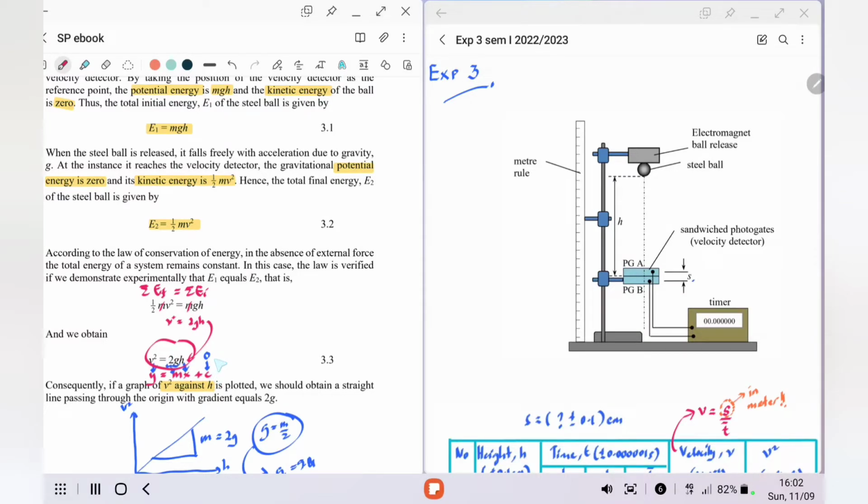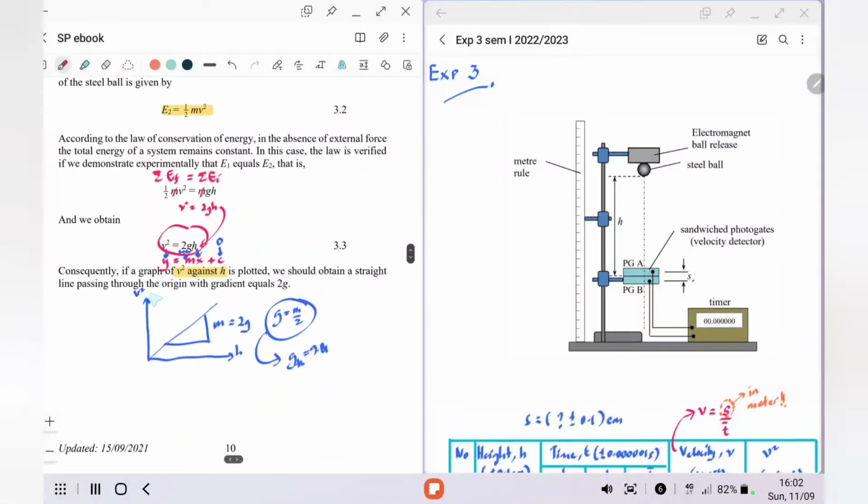The y-intercept supposedly equals 0, but it's not necessary to be 0. It depends on your data. From the gradient, which equals 2g, we may calculate g, where g equals m over 2, and m is the gradient.